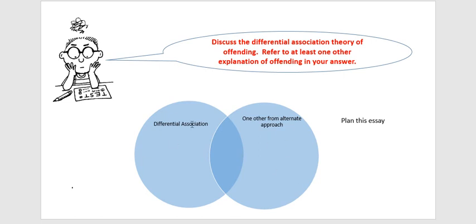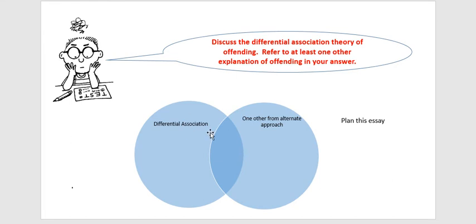So for example, a weakness of differential association theory is it is a reductionist explanation. It only focuses on that social level. It looks at socialization, therefore ignoring that other factors may be important in explaining offending behaviour.